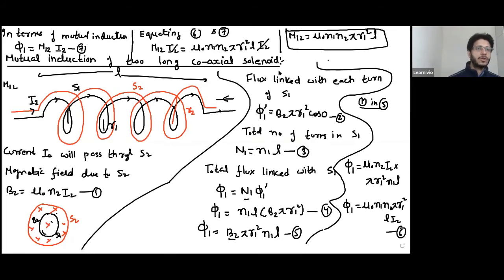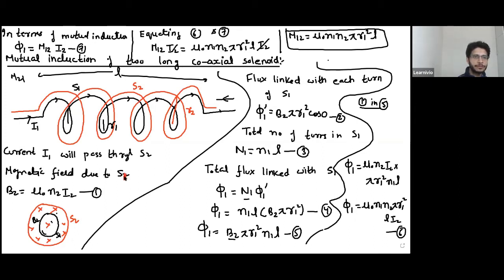Now, after M12, if he asks you to calculate M21, can you tell me through which solenoid you will pass current? I'm asking you to calculate M21 now. S1, right, good. So you will pass current through S1, that's I1. I'm just making very minor changes here. Instead of 2, you will get 1. I1 will pass through solenoid S1.